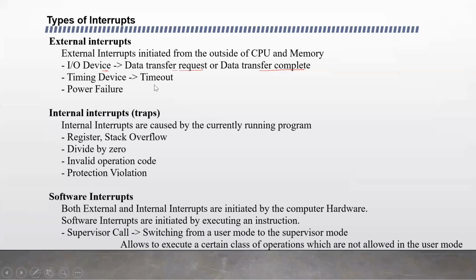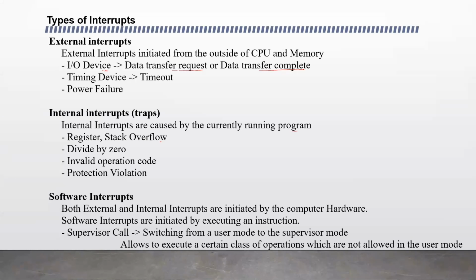These are external interrupts, and internal interrupts are caused by the currently running program. When the CPU is executing some user written program, and through the program the user is trying to store some data into a register or a stack, there can be a stack overflow. Stack overflow means the stack is full. Before storing into the stack, we check for the stack full condition.